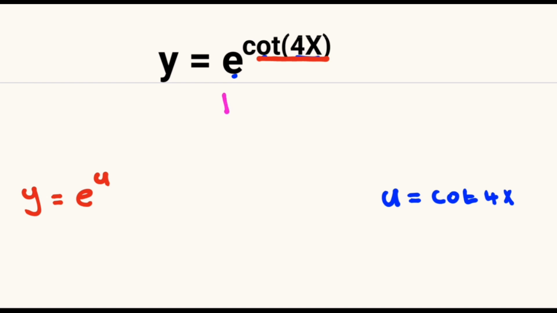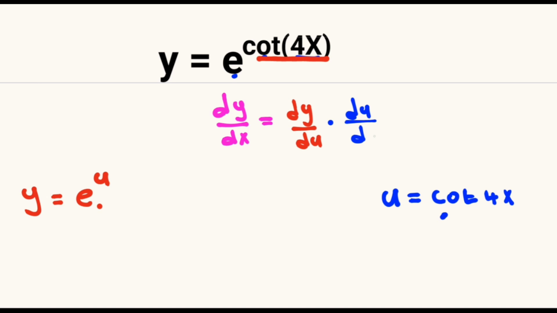So we have to determine the derivative of y with respect to x, which will be equal to the derivative of y with respect to u multiplied by the derivative of u with respect to x, and the du can cancel out each other, so that on the right hand side we have dy divided by dx, just like we have on the left hand side.